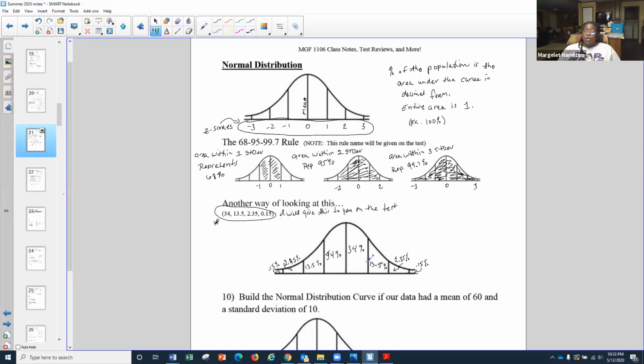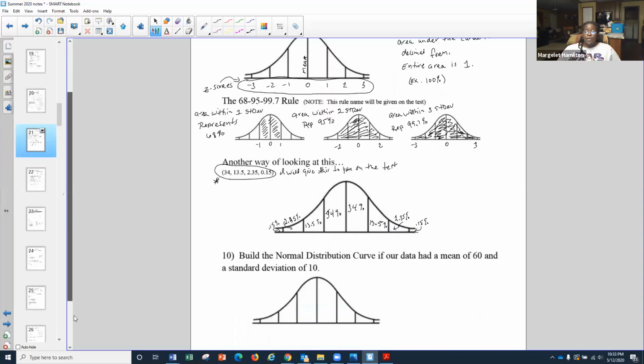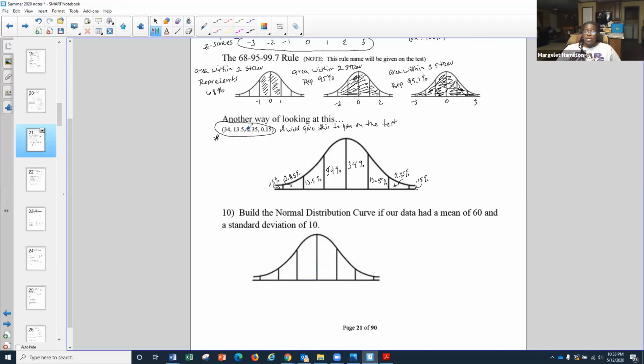And here are our individual percentages that represent those areas. We're going to see how we're going to use this in just a second. All right, so again, I'm going to give you this information on the test. You'll just have to know how to label it yourself. So study this labeling.